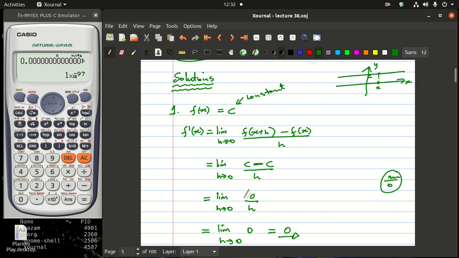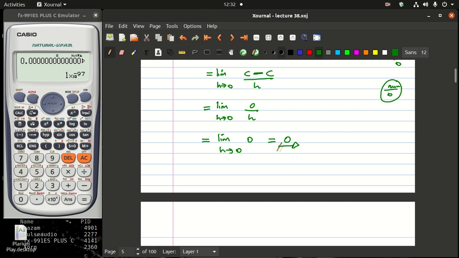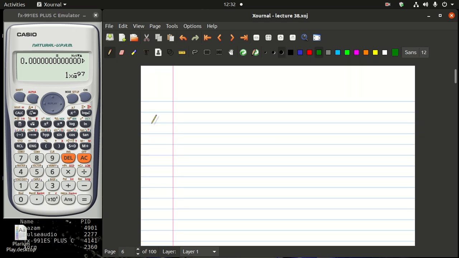So I want to make sure that here I am not getting a 0 over 0. That is why I can just divide by h and get a 0 there. So don't get confused. It is just as easy as it is.